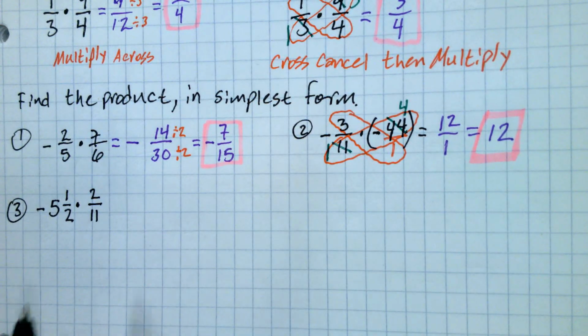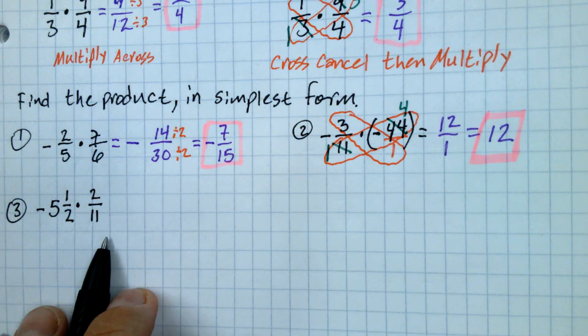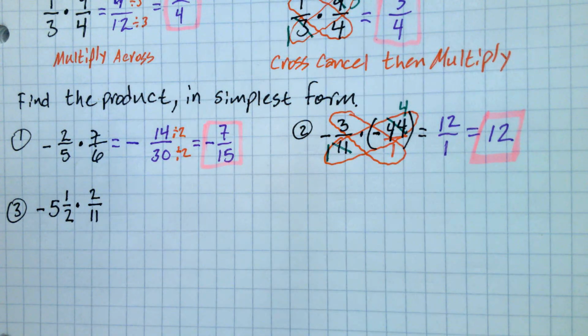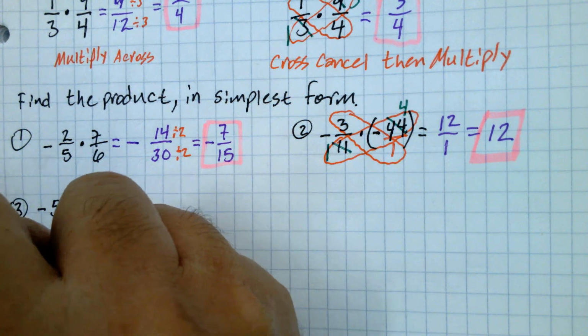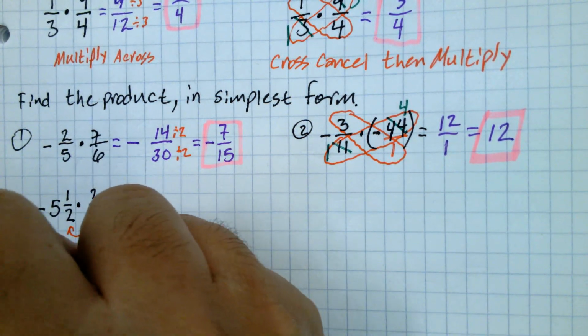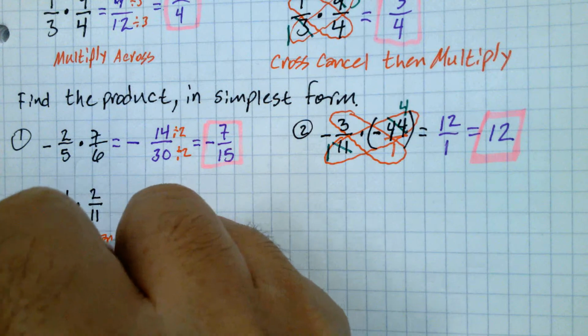So write that down. Negative 5 1/2 times 2/11. First thing we have to do is rewrite this problem.